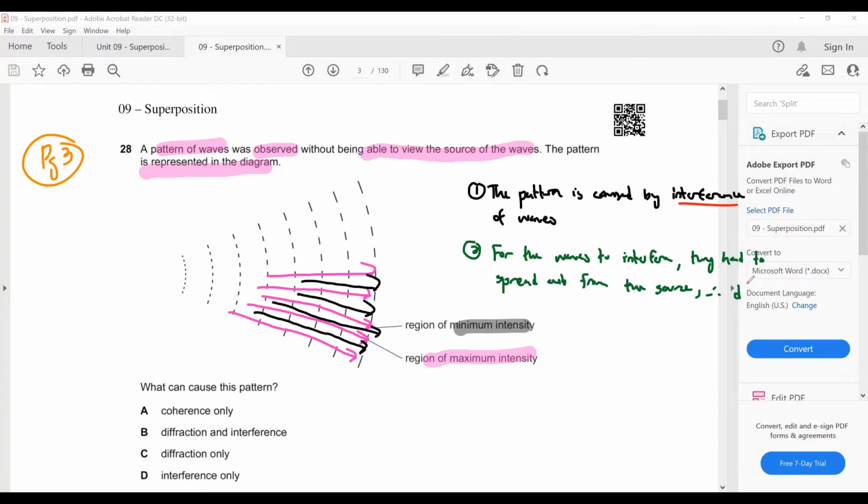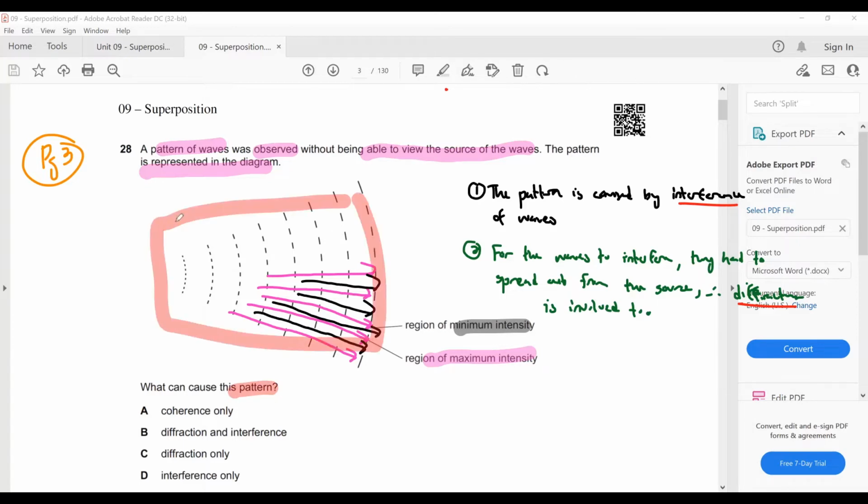Therefore, diffraction is involved too. For the answer of this question, they want you to explain the phenomenon that caused this interference pattern to be seen.